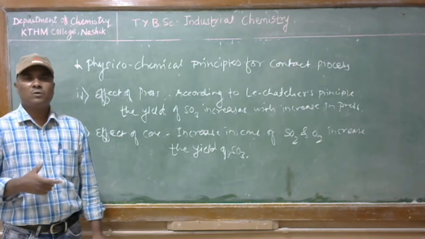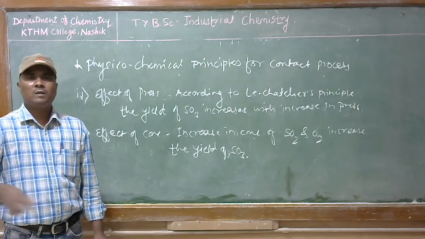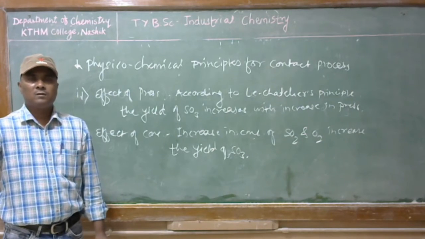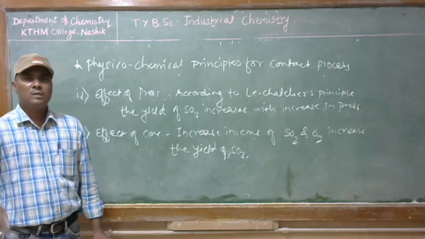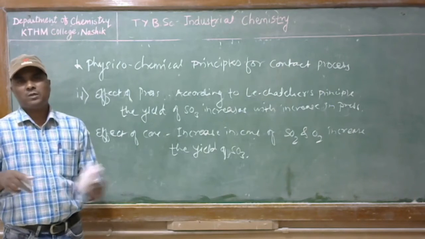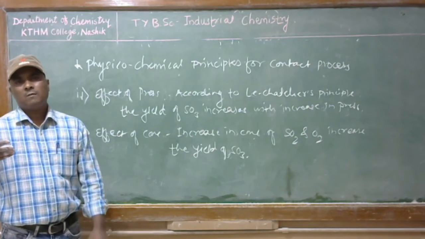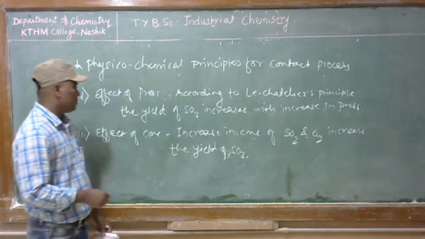Means by reacting 3 volumes, ultimately the volume of the product decreases. So by increasing the concentration of SO2 and O2, we should get a high yield of SO3.